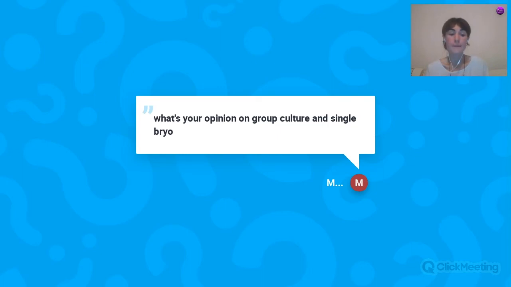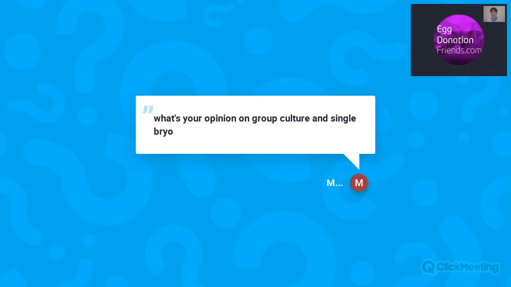So I think it's different to have, imagine, 5 embryos in 200 microliters of media than to have only 1 embryo in 20 microliters of media. Maybe you're culturing them in a single drop, but they still have less nutrients than if they were sharing. So I think it depends, but it might be a good idea, yeah. Of course, thank you for your answer. And we have the next question ready.